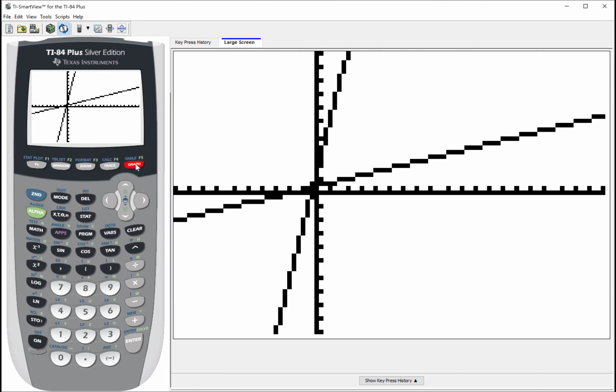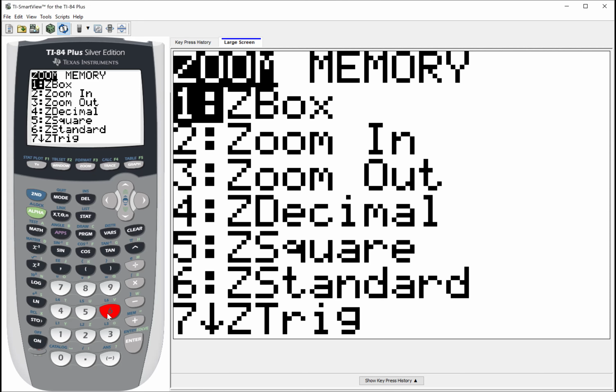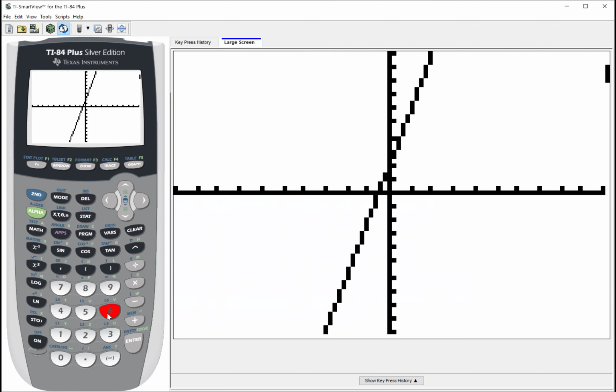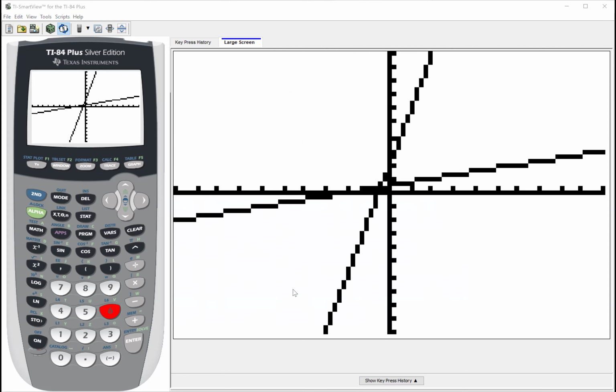And I know it's kind of hard to see on this graph just because of the pixels and the way it's kind of zoomed out, and the way the scale is. Actually, let's zoom 6, zoom standard. Yeah, it looks a little bit better. So we have the graph of two perpendicular lines here.